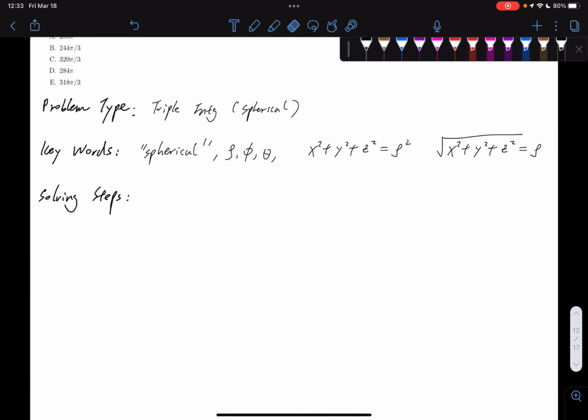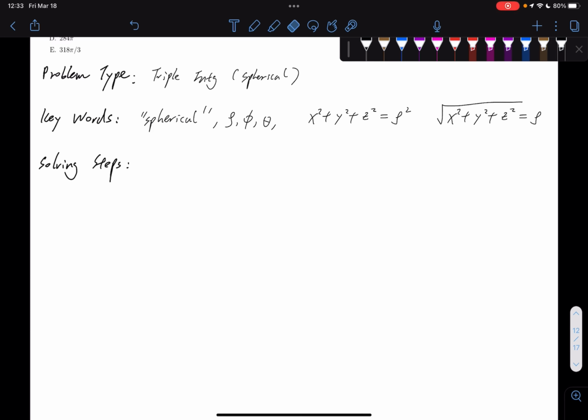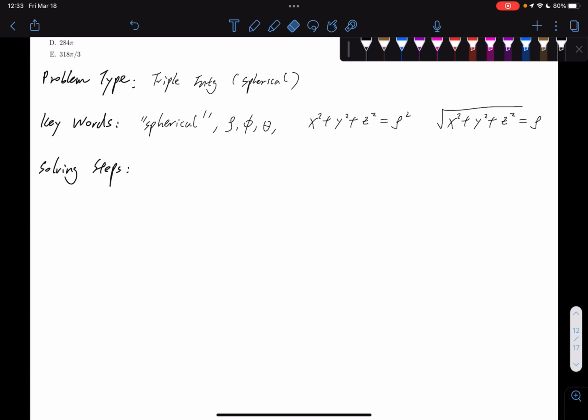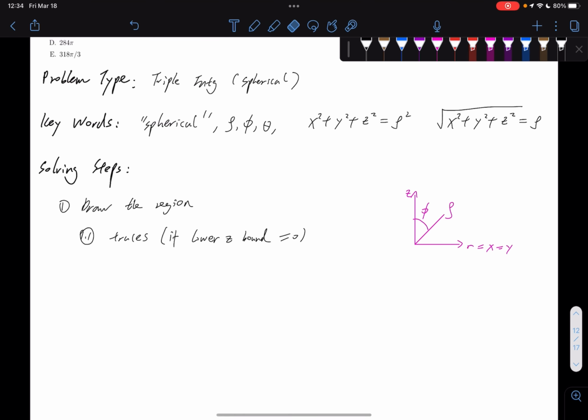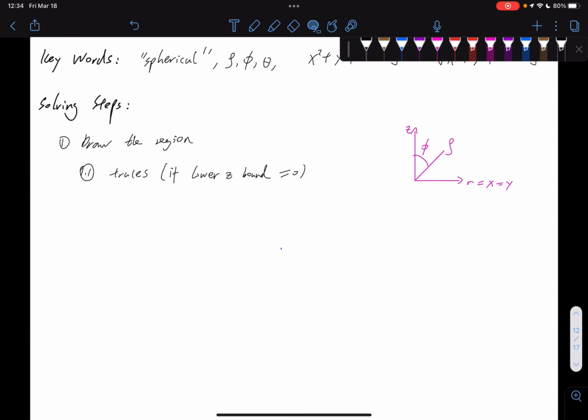So let's start with the solving steps. The solving step is the same as usual for any type of triple integrals and double integrals. It's particularly a triple integral in this case. We're going to draw the region first, so we can start with drawing the traces.